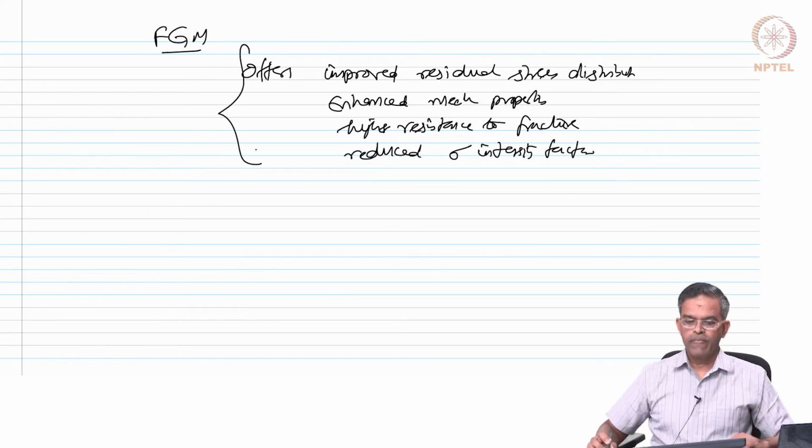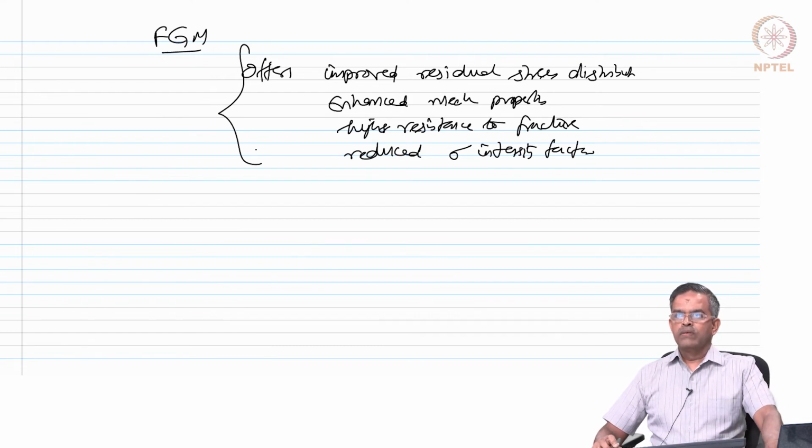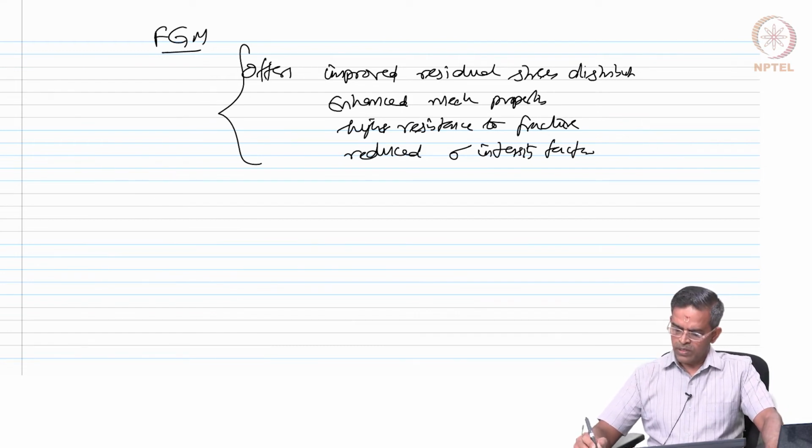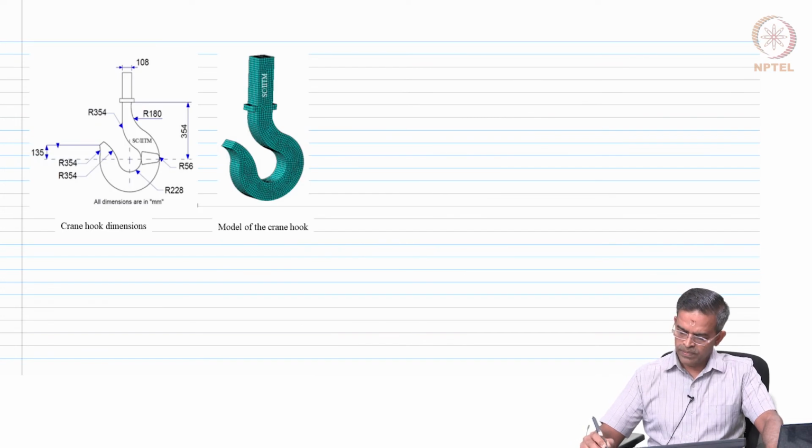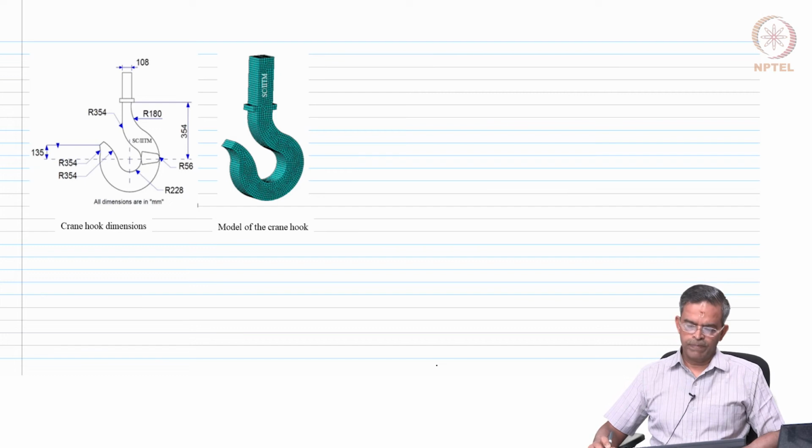Okay. So, we are not discussing the FGM properties at this moment. We will start directly going to the model of the crane hook.